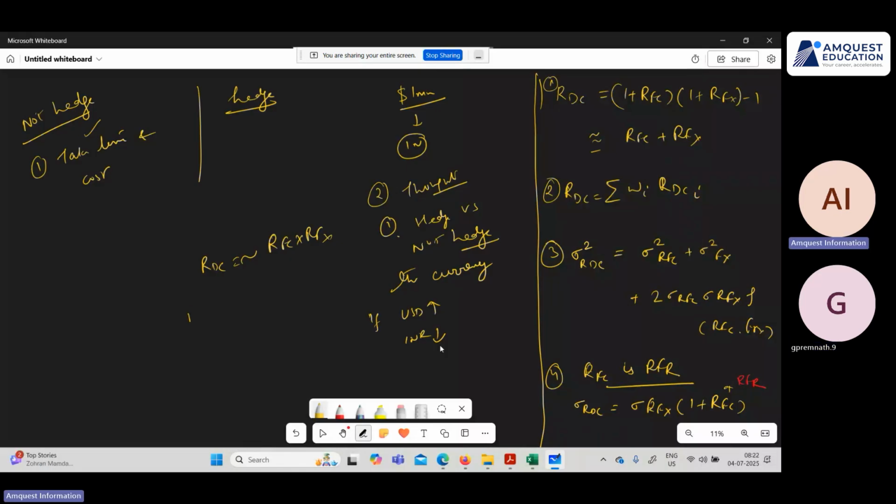My return is a function of both capital appreciation and my currency return. Assuming it's a simple addition, I earned 5% from here and my currency depreciated by 5%, then my net return is 0. Right? So if I want to ensure that I at least get 5%, don't you think I will have to hedge my INR return, which means I have to take some offsetting position so that it offsets the decrement in the return?